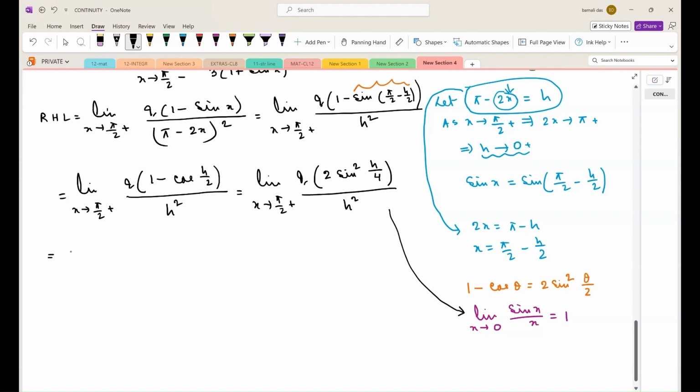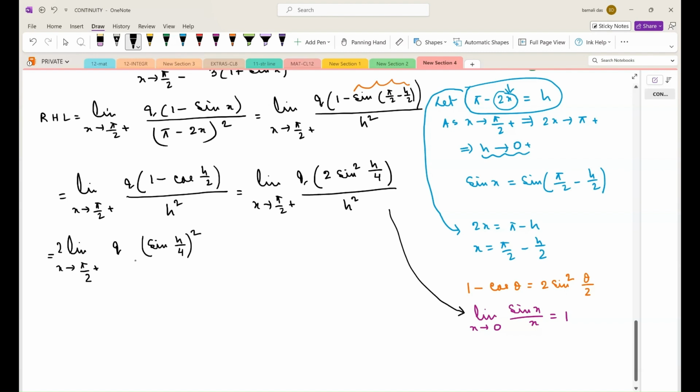So now I've substituted the values from this simplification here. You can see now after this step we are trying to approach this limit. Now let me bring the 2 outside the constant part. So here you have sine square h by 4, that is sine h by 4 whole square.